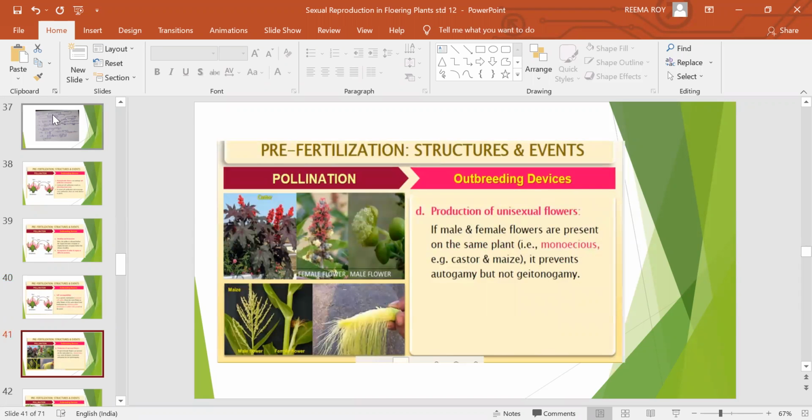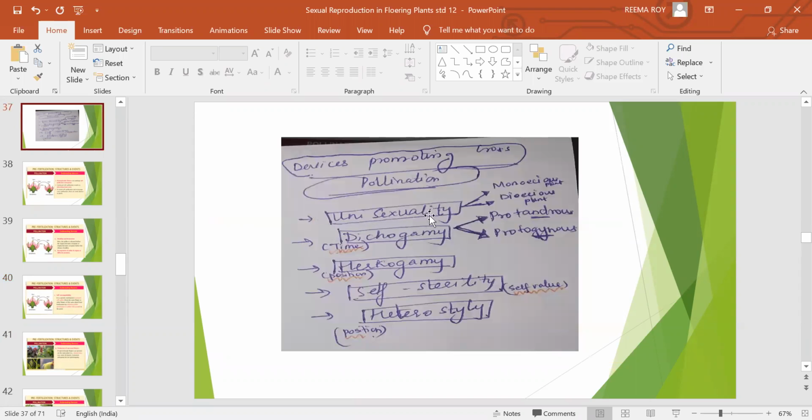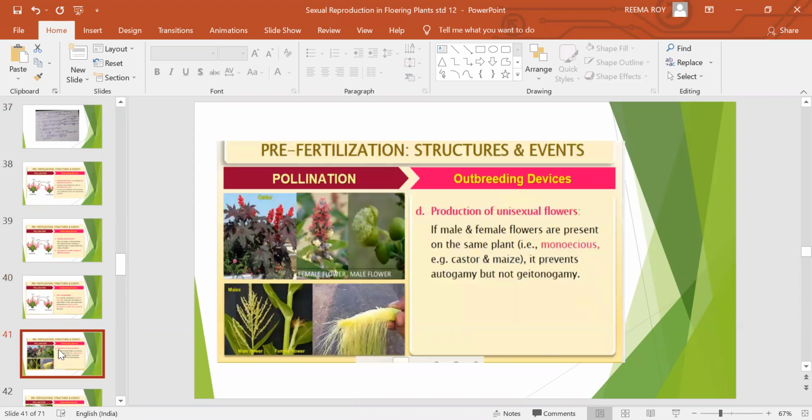And the last one, we are talking about what? Unisexuality. Unisexuality में क्या क्या है? Monoecious and dioecious. What do you mean by monoecious and dioecious? Monoecious मतलब, examples क्या है?